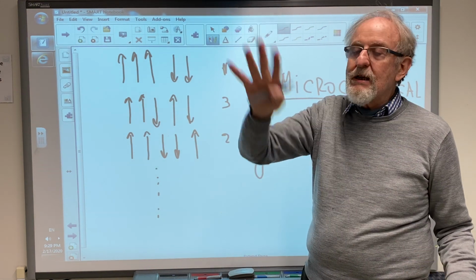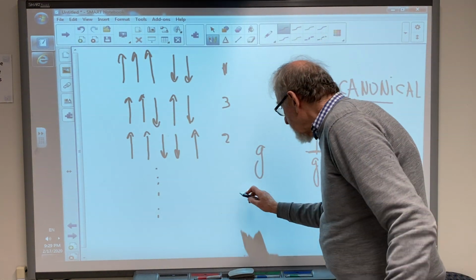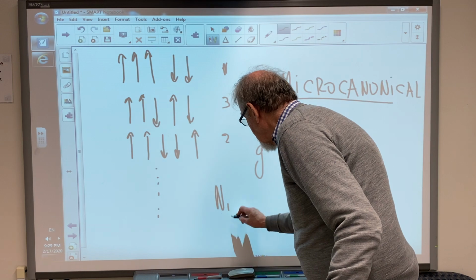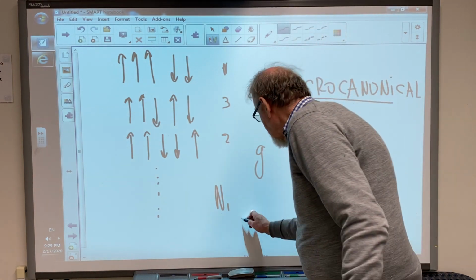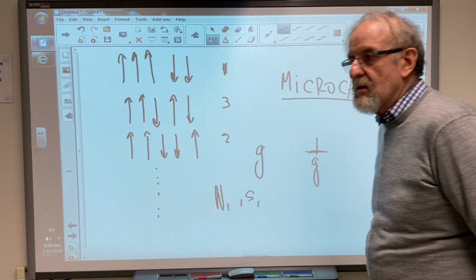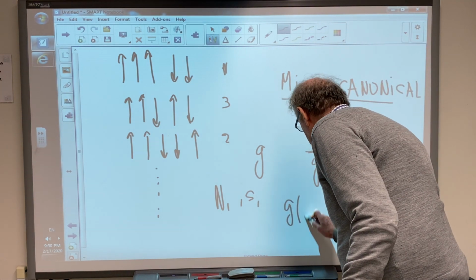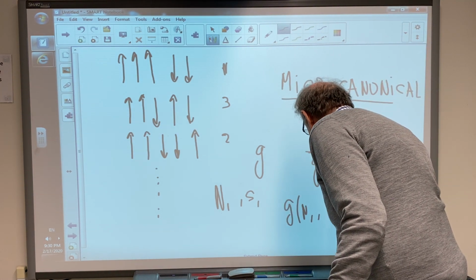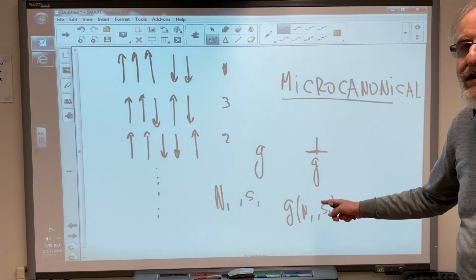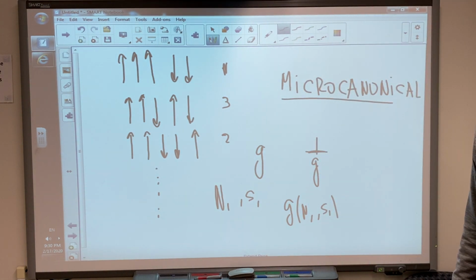And so I know that it can be, a system N1, and is in a state with energy S1. So I know that there are G of N1 S1 possible states, and it can be in any of them with the same probability.